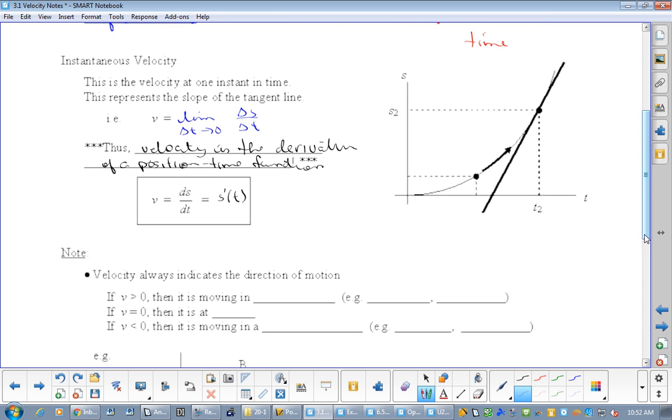So just to restate, velocity equals the derivative of the position time graph.